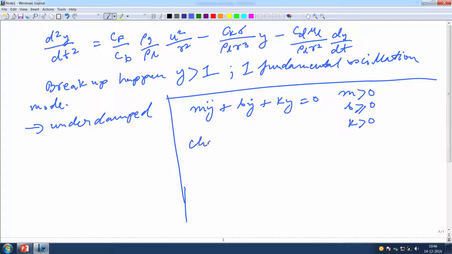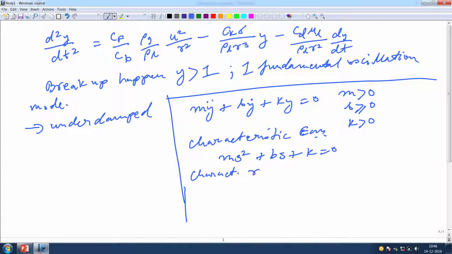Now, the characteristic equation for this will be m s square plus b s plus k equal to 0. The roots of this equation will be minus b plus minus the square root of b square minus 4 m k, divided by 2 m, right. These are the characteristic roots of this equation.